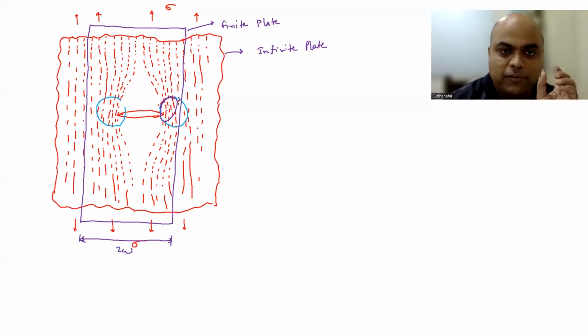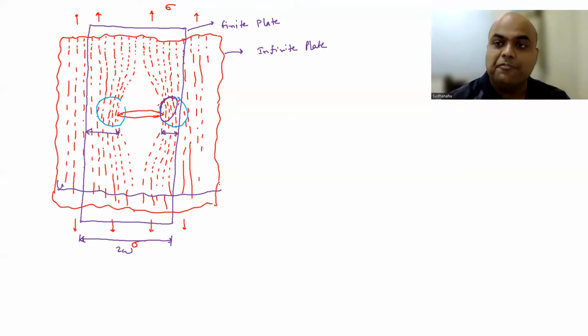Because all the lines of forces are now getting squeezed within this width here, and previously these lines of forces had a chance to spread throughout this whole width because the plate was infinite. So if you have a finite plate, there is more stress concentration at the crack tip than in the infinite plate, considering the applied stress remains the same.